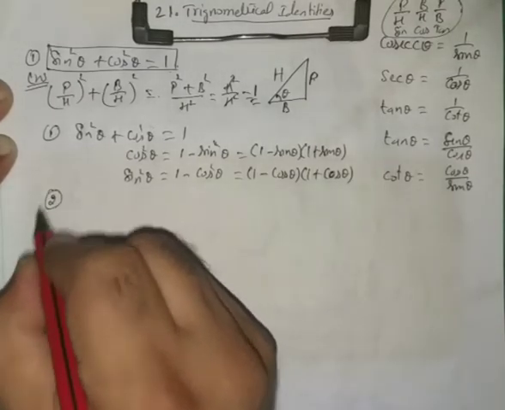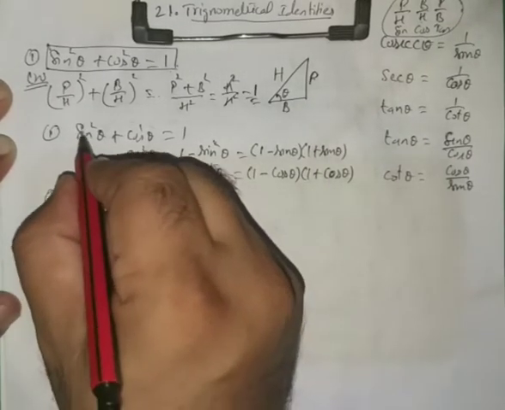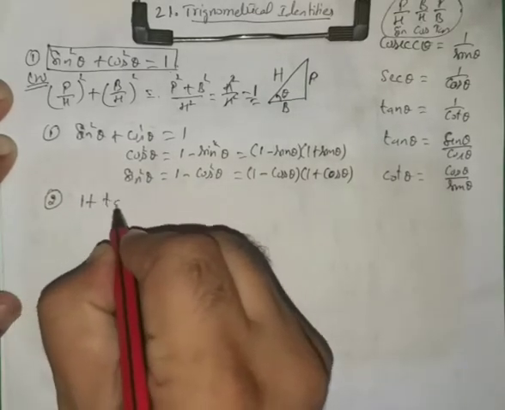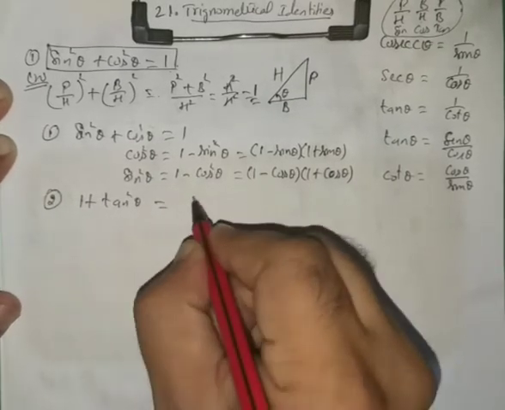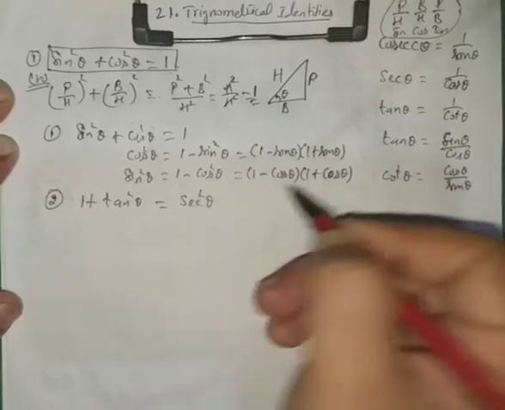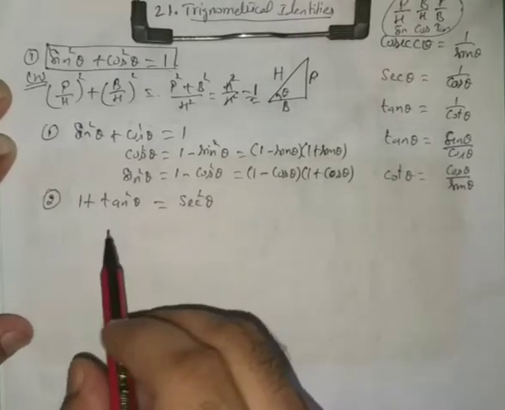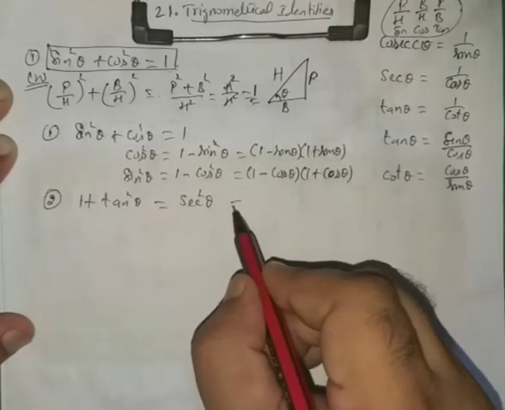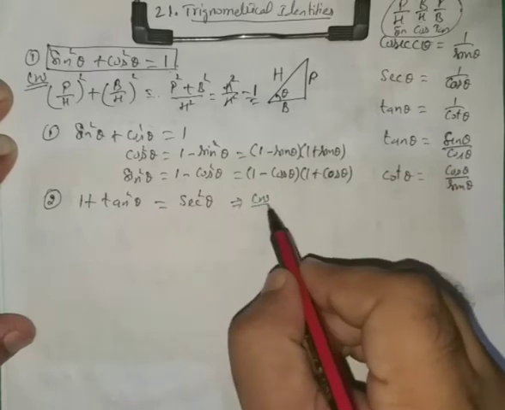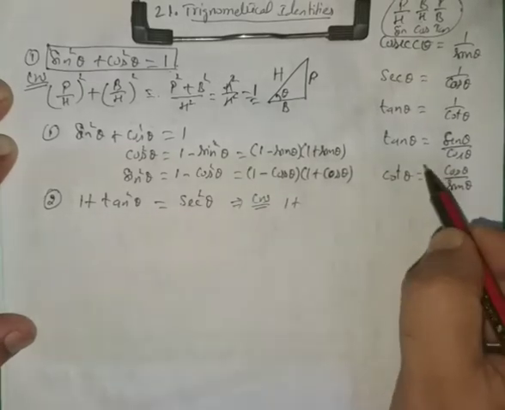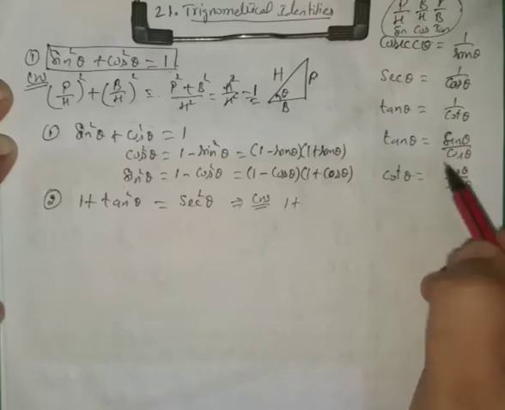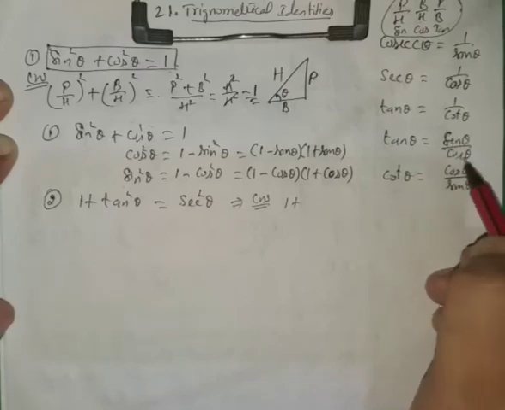The second identity that we have is 1 plus tan square theta is equal to secant square theta. And we can have a look at the proof of this. So I'm starting with the left hand side. This is 1 plus tan square theta, and we have already written that tan square is sin square over cos square.